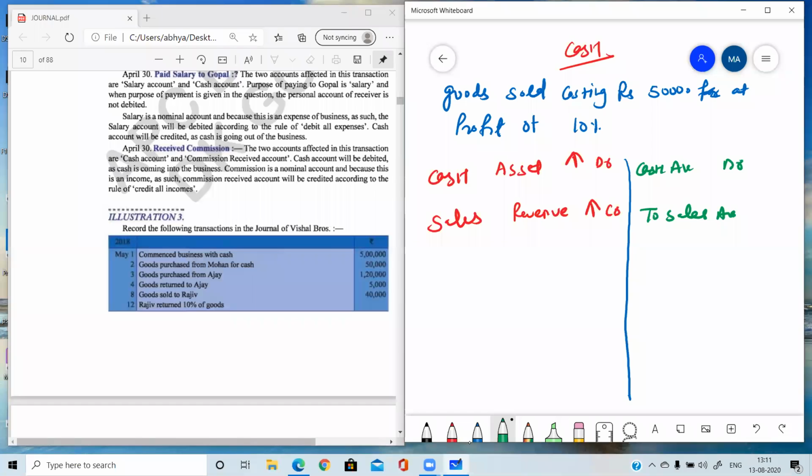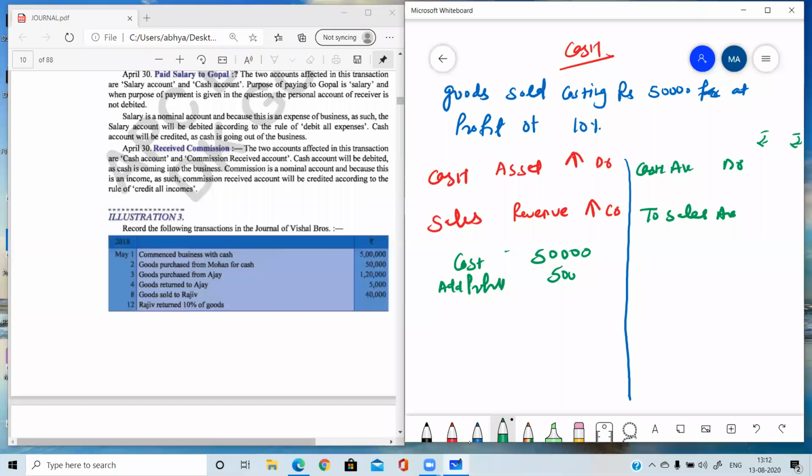Now, by what amount the entry will be there? What amount you need to write in the amount column? Please tell me. Yes. Cost of the goods is 50,000 and profits are always added in it. So add profit. This will be your working note. 50,000 and the profit is 10%.